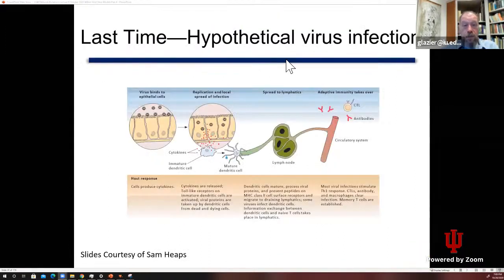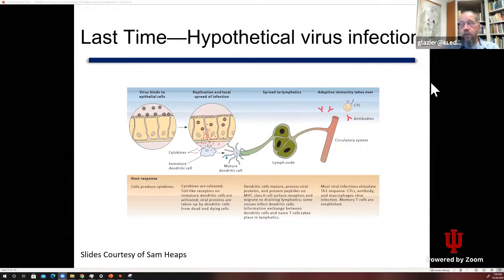So now I'd like to come back to where we were 2 weeks ago and resume our discussion of viral infection. And I want to remind you that when we're doing these in-host virus models, we're actually talking about a quite complicated set of biological processes.